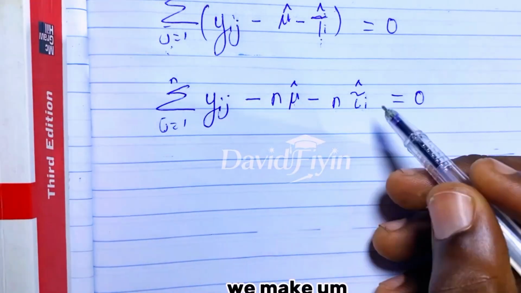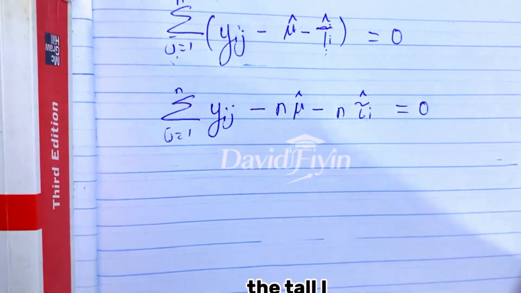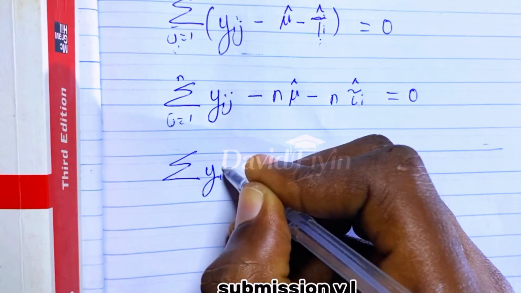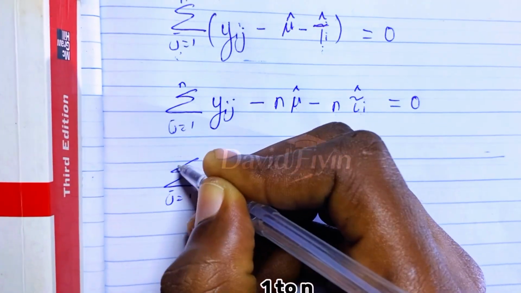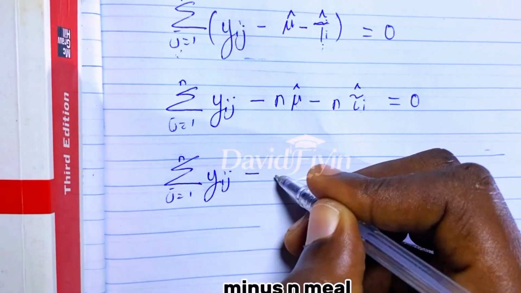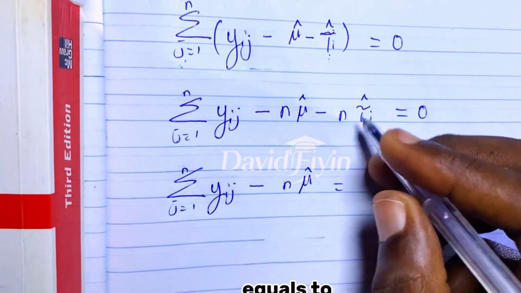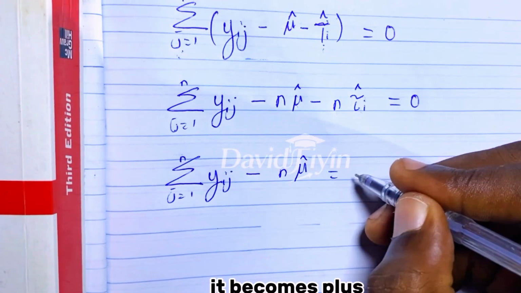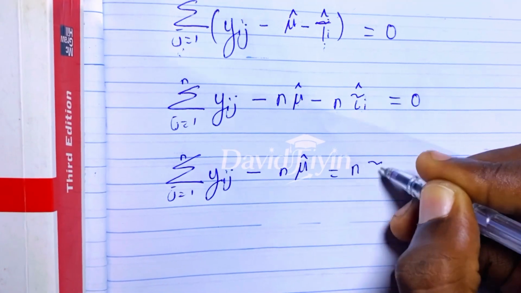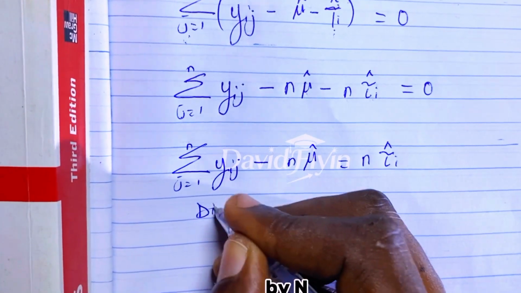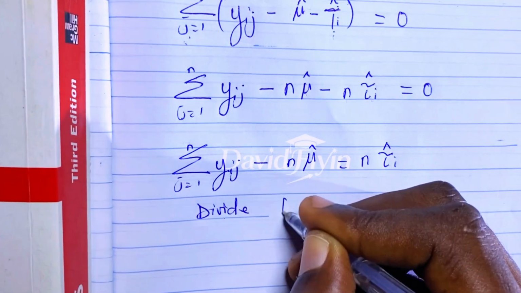From here we make tau i the subject of the formula. We have the summation of Yij, j equals 1 to n, minus n mu equals, if we move this to this side, it becomes plus, n tau i. So we divide all through by n.